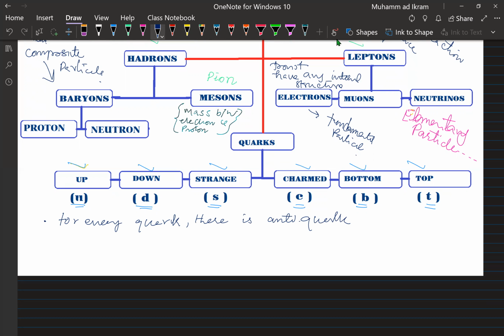So we have a corresponding anti-quark for them. That is the quarks.